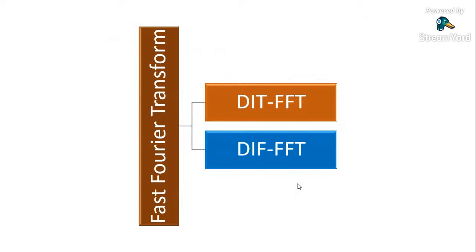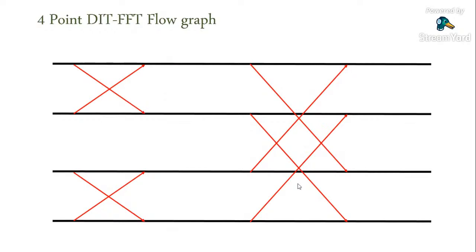Now the fast Fourier transforms are divided into two types, that is DIT FFT and DIF FFT: decimation in time fast Fourier transform and decimation in frequency fast Fourier transform. Now we are going to discuss decimation in time fast Fourier transform.